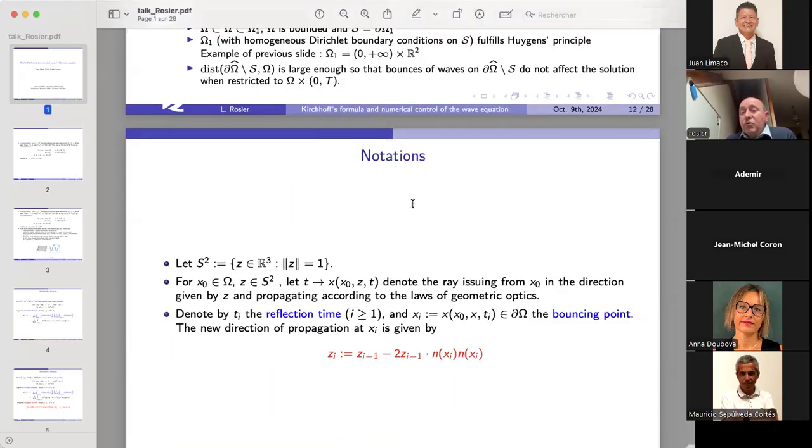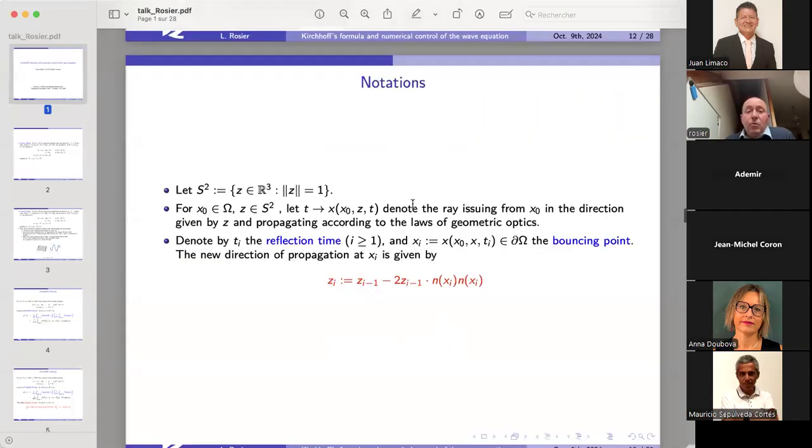Now, of course, we have to focus on the Huygens principle in the big set, omega 1, and so we have to justify it. For the moment, the only way we found was to use the Kirchhoff formula. So I have to introduce some notation. We denote by S2 the set of directions Z of norm 1.